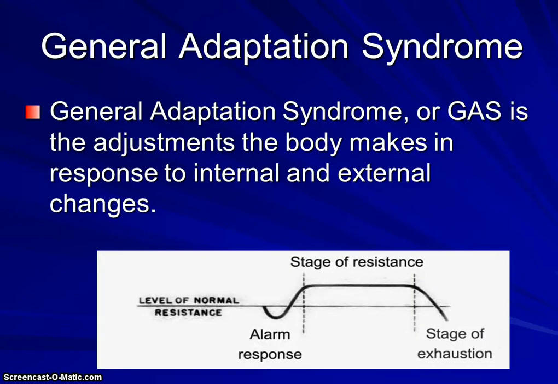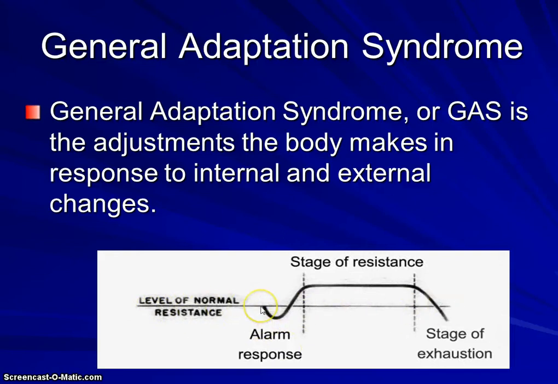This slide, the general adaptation slide, talks about the general adaptation syndrome. These are the adjustments that your body makes in response to the internal and external changes that take place. As you see the graph at the bottom, you'll see the level of normal resistance.